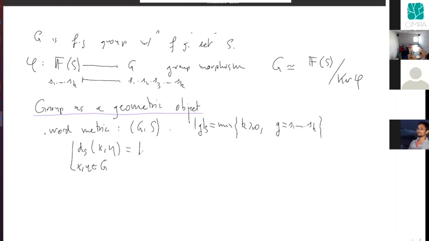I think it's the norm of x inverse times y. Okay? And so you can check that this defines a distance on the group G. Sorry.